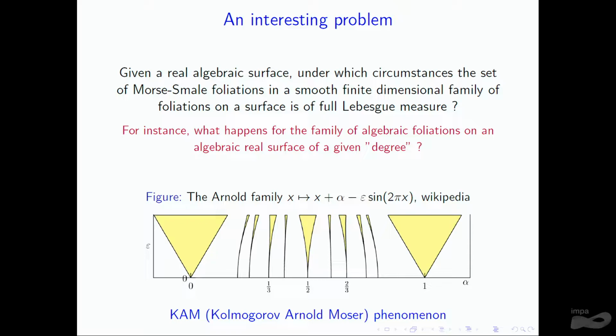In this case, we can prove that this is a dense open set, but it does not have total Lebesgue measure. This is what is called the KAM phenomenon. And just this question, for instance, is completely open yet, and also the study of the geometry of this stability locus. So I just wanted to mention these problems that I think are very interesting in the real case.